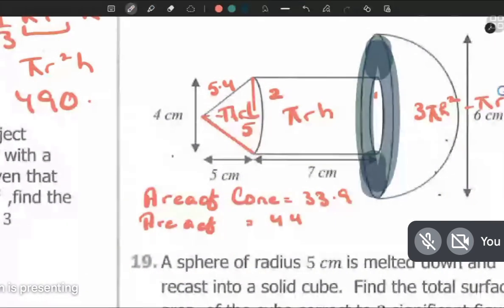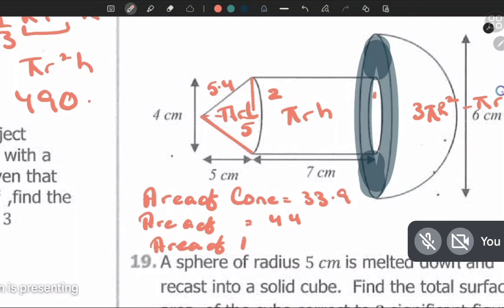Then you have the hemisphere. For the hemisphere we have area of hemisphere, which is 3 pi r squared minus pi r squared, which gives you 3 into pi into 3 squared minus pi into 2 squared.